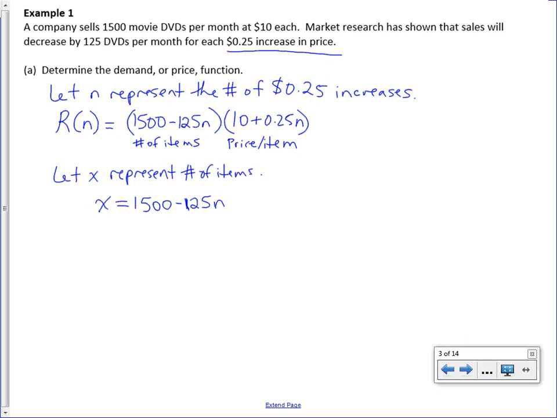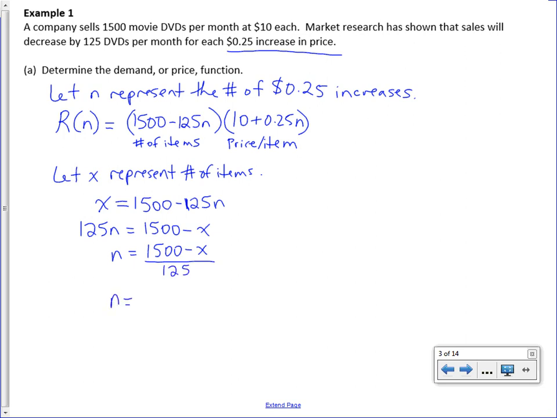If I have 125N equals 1500 minus X, then N equals 1500 minus X all over 125. That's kind of yucky.